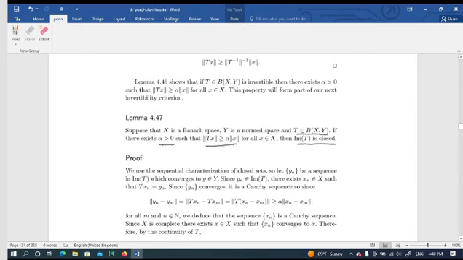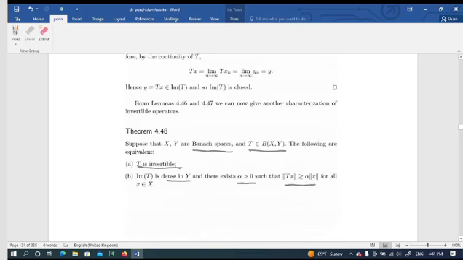If there exists a positive alpha such that the norm of Tx is greater than or equal to alpha times the norm of x for all x, then the following are equivalent.